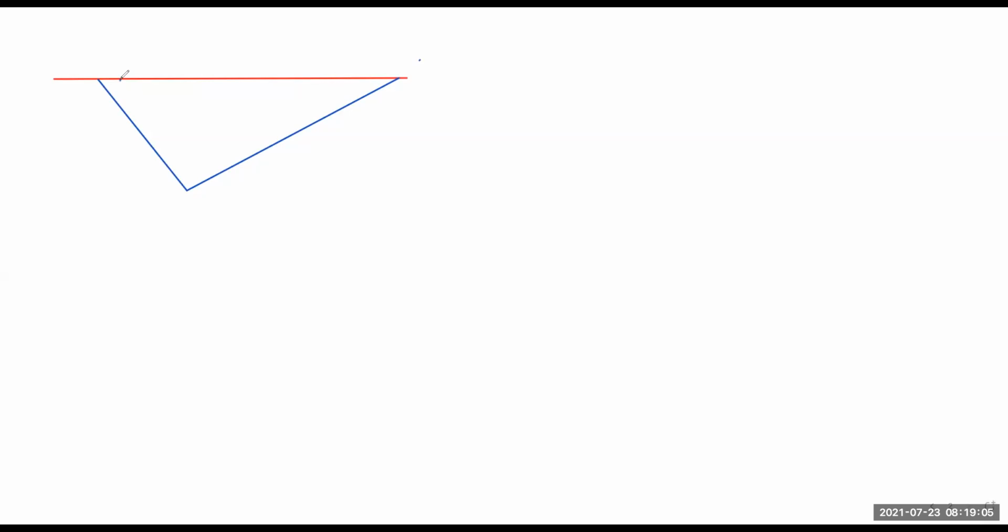Let's say this angle is 53 degrees, and this angle maybe 37 degrees. And there is a third string, and we are hanging a block from the third string.